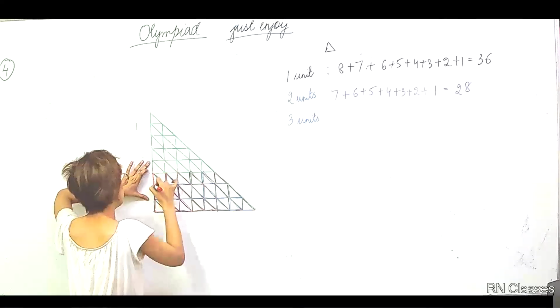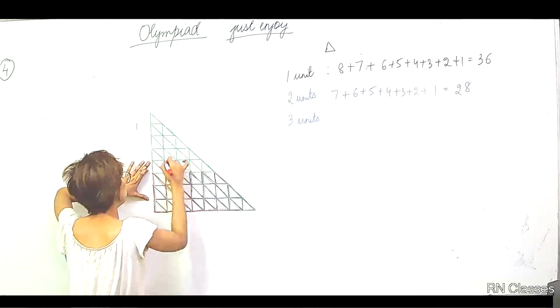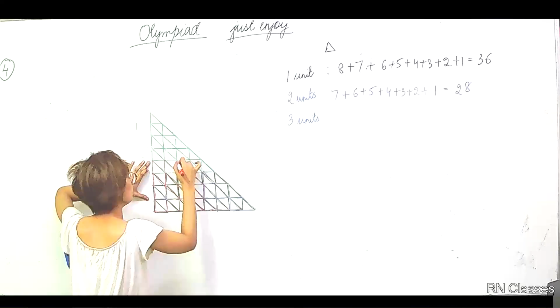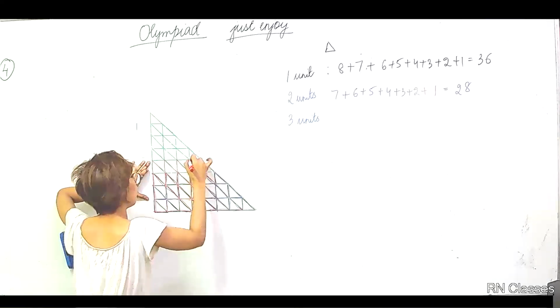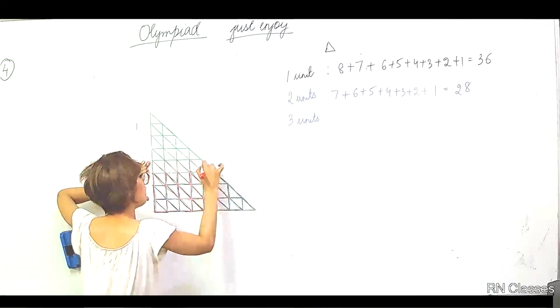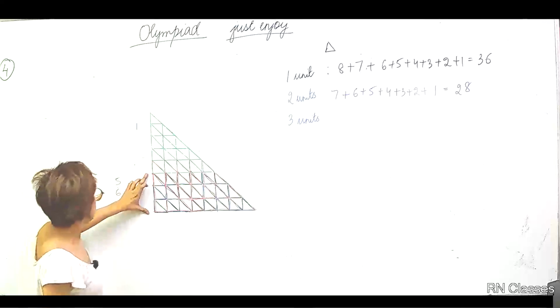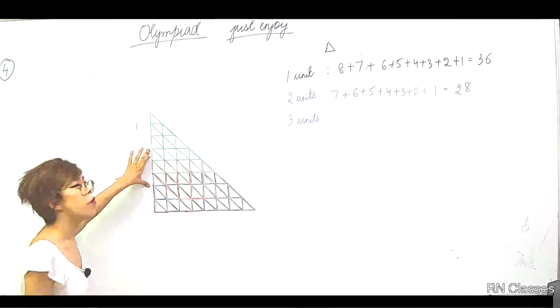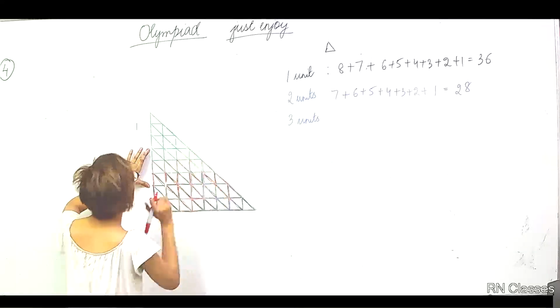Let's count. 1, 2, 3, 4 and 5. हाँ, 5. यहाँ से मिली 6, यहाँ से 5, यहाँ से 4. 1, 2, 3, 4.